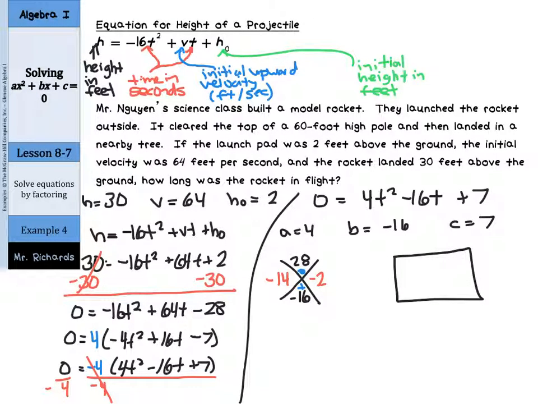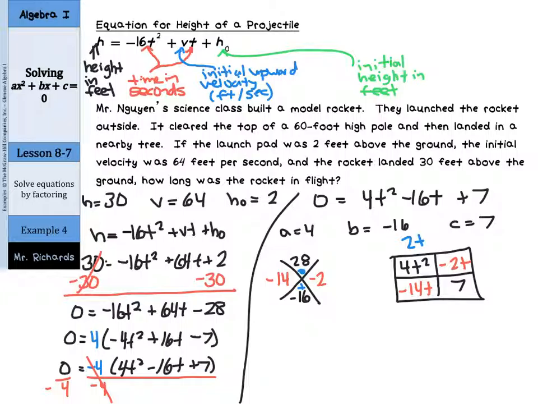So as we look to take this to our box, the first term, 4t squared. The last term, 7. And again, we're replacing the negative 16t now with negative 14t and negative 2t. And as we look for the GCFs, the greatest common factor for 4t squared and negative 14t involves a t, and it's going to be 2t.